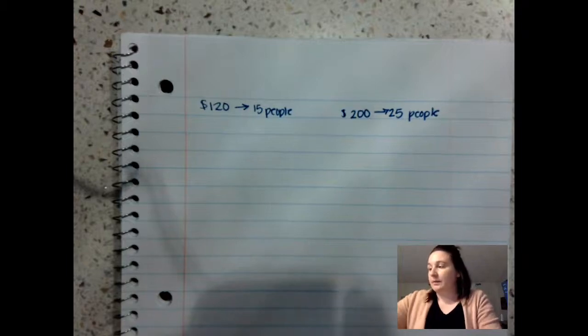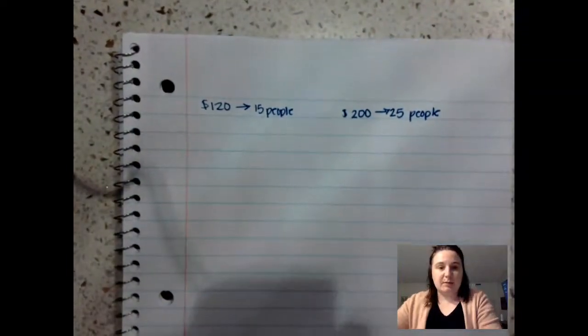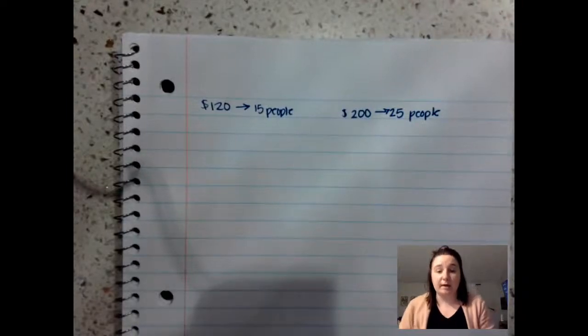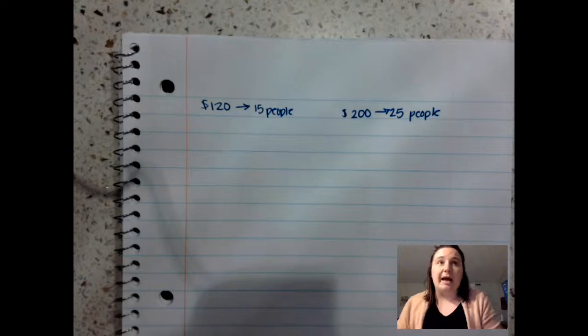So the first thing that I want to do is determine which is the independent variable and which is the dependent variable, so I write my points correctly. I think about which one is dependent on the other. Is the cost depending on how many people are going, or is how many people going depending on the cost?